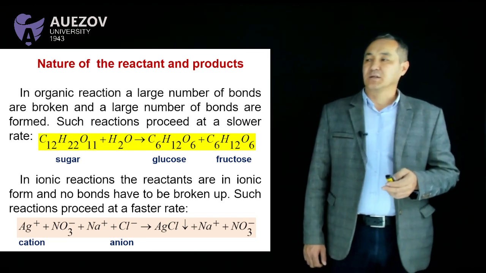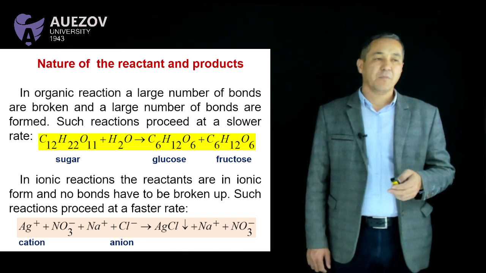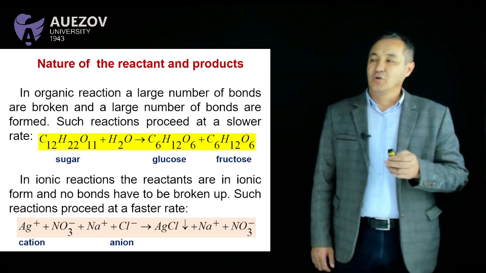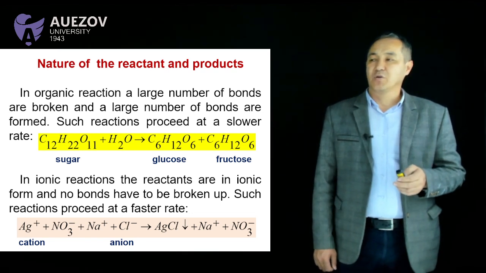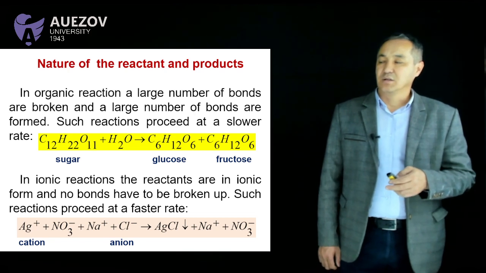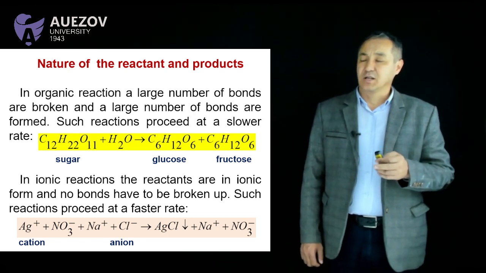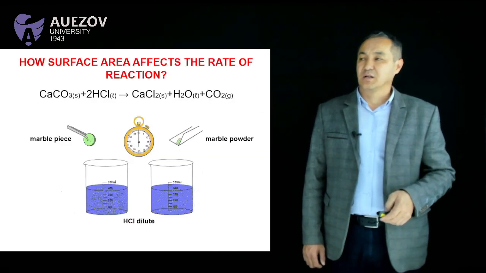In ionic reactions, the reactants are in ionic form and no bonds have to be broken. For example, cations and anions.